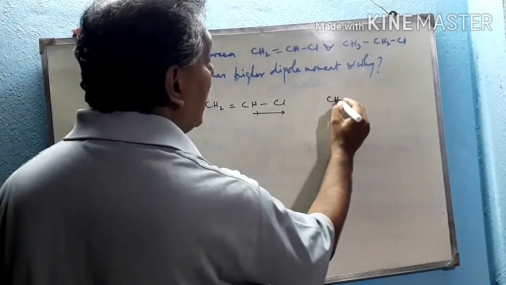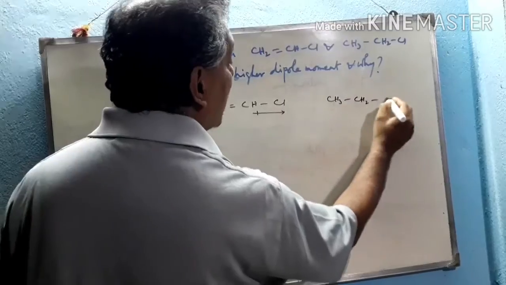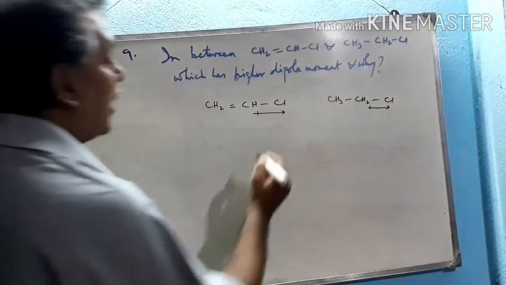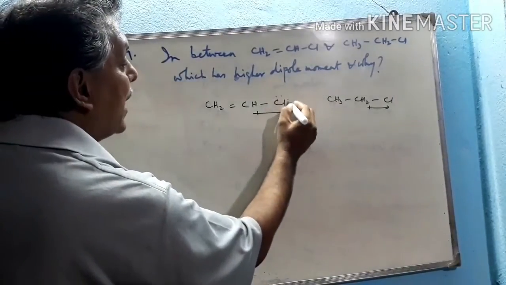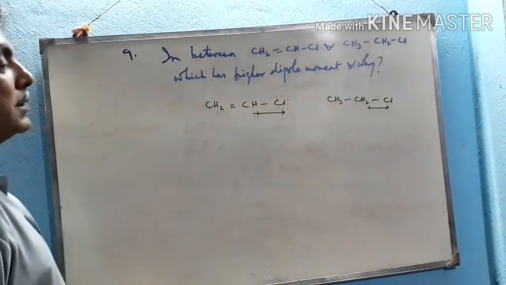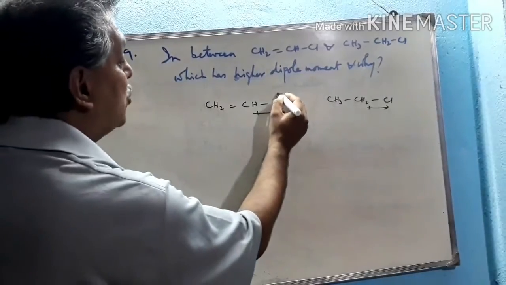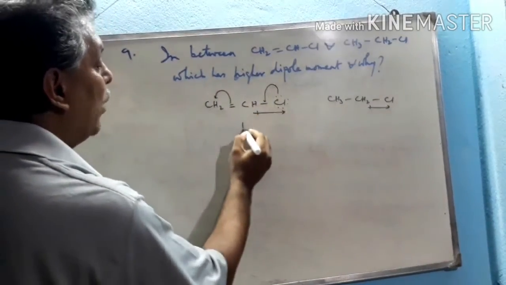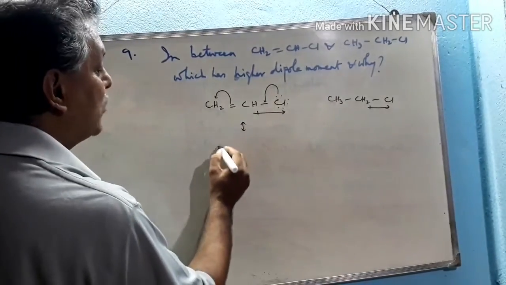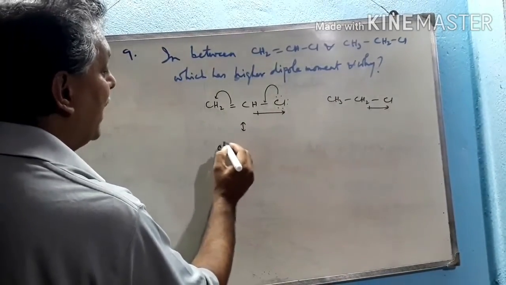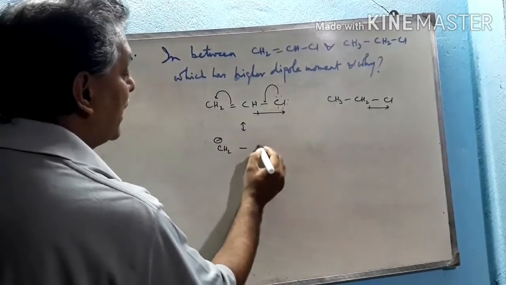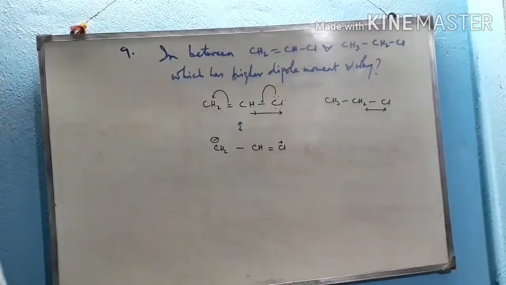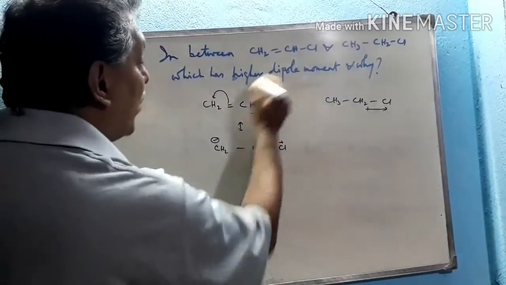Here also in ethyl chloride, the dipole moment is towards the more electronegative chlorine atom. But here, the lone pairs on chlorine enjoy resonance stability with the pi bond, so a resonating structure is obtained where chlorine bears a positive charge, that means it somewhat donates.